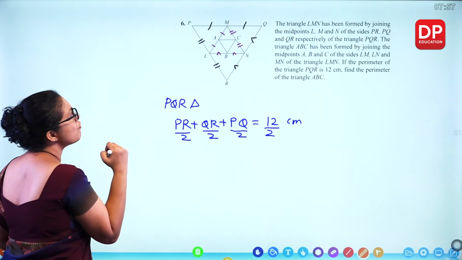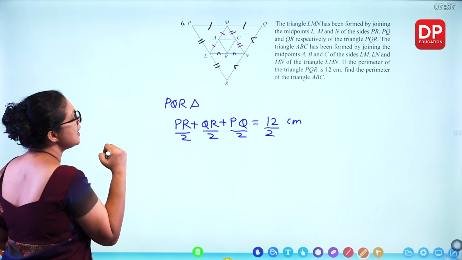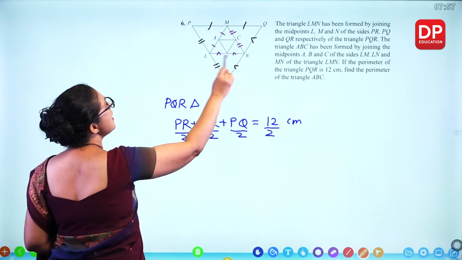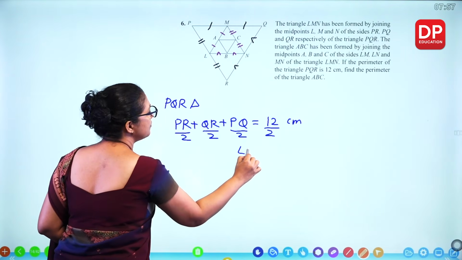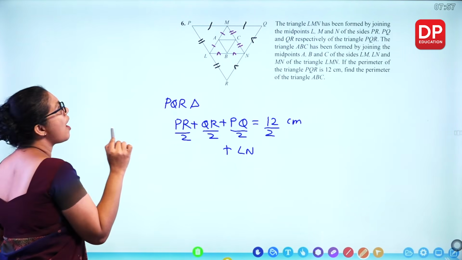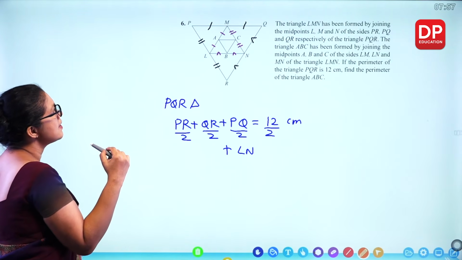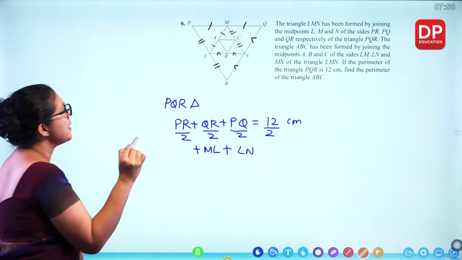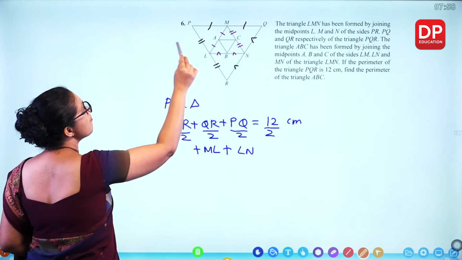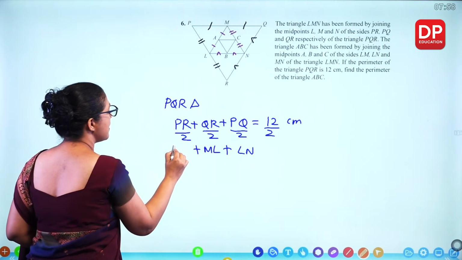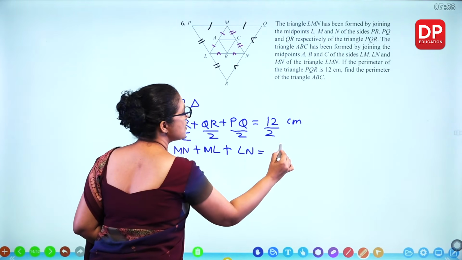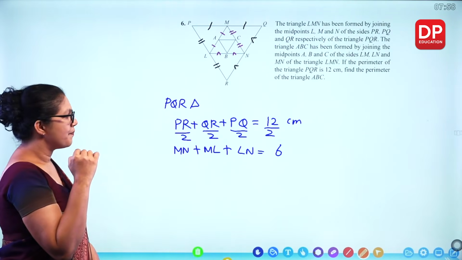So half of PQ is LN, half of QR is ML, and half of PR is MN. That's equal to 6, 12 divided by 2.